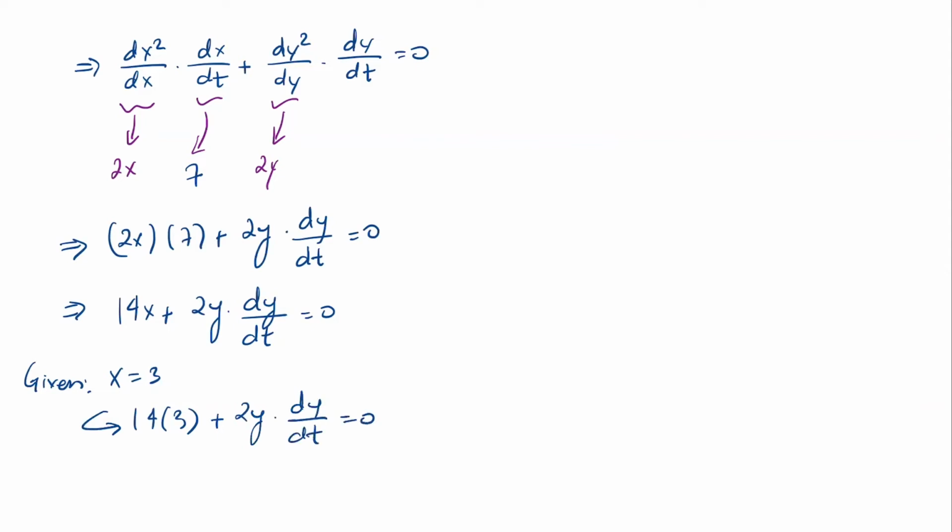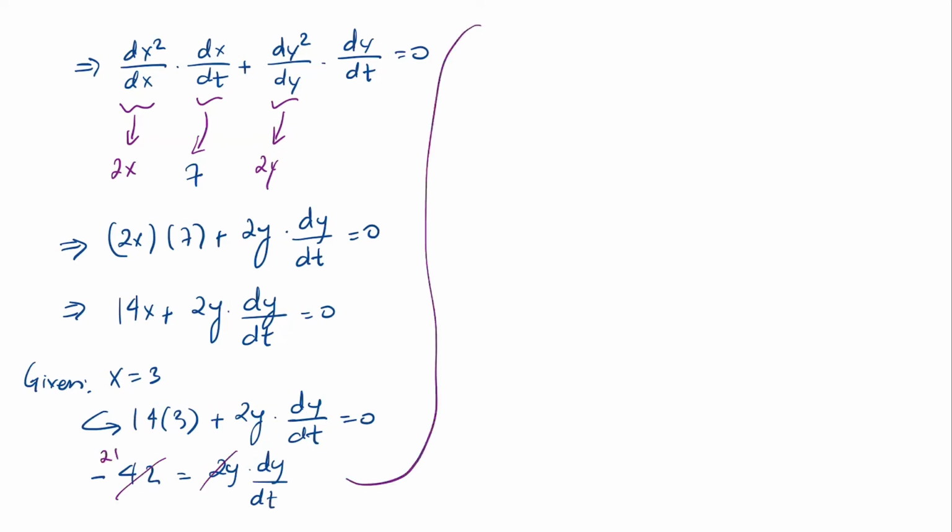So 14 times 3 is 42, so I'm going to write negative 42 equals positive 2y times dy over dt. And we can cancel 42 by 2 for 21, so that will be negative 21 equals y times dy over dt, right?